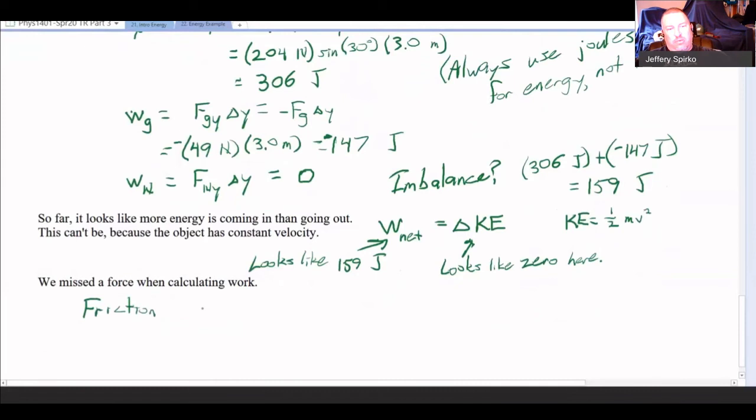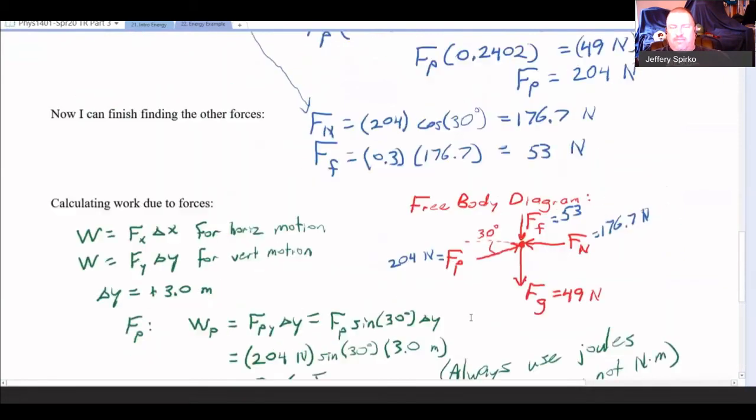We have friction. The work due to friction is force of friction, y component, delta y. And we know the force of friction is down, so it's negative, times delta y. And we know how much friction we have: 53.